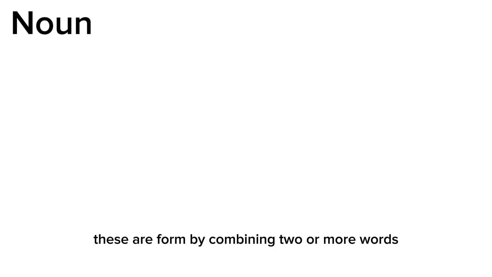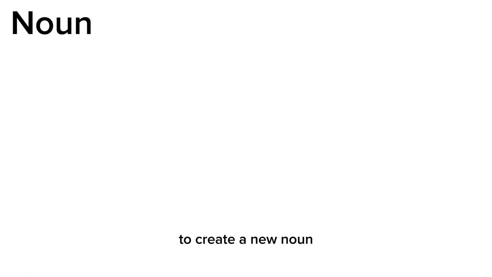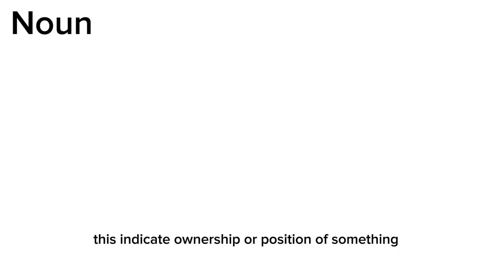These are formed by combining two or more words to create a new noun. For example, toothbrush, basketball, raincoat. These indicate ownership or possession of something.